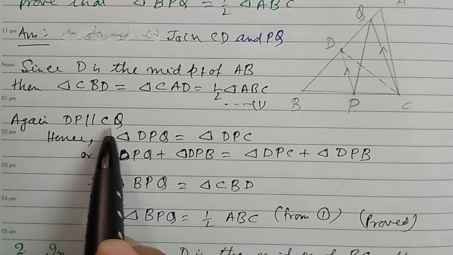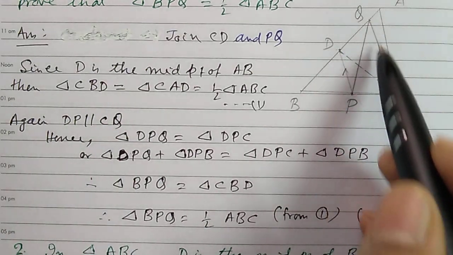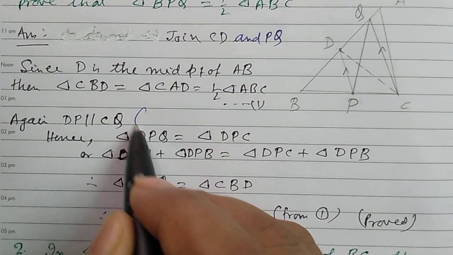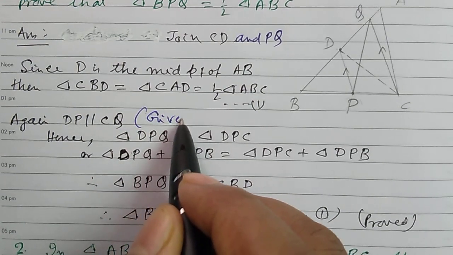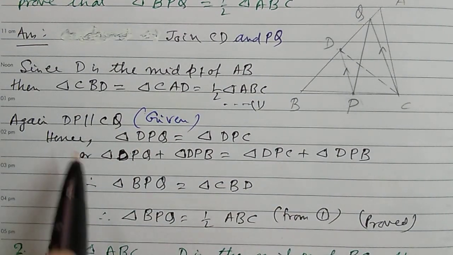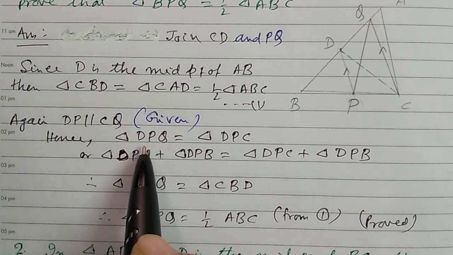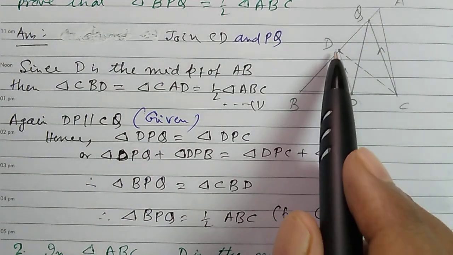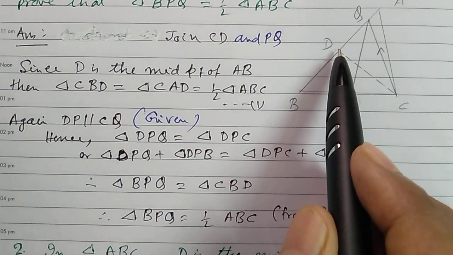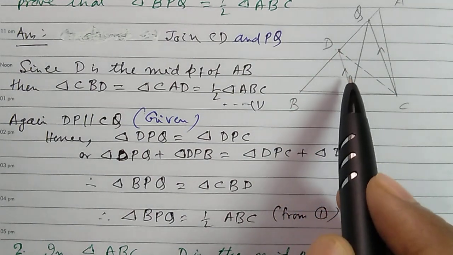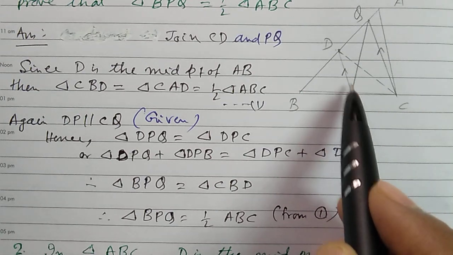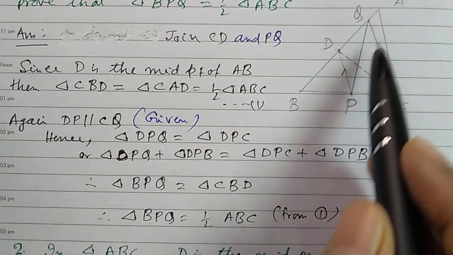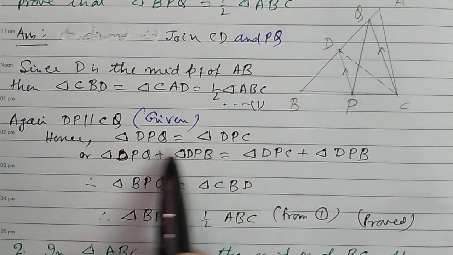Again, DP is parallel to CQ. It is given. Hence, area of DPQ equals DPC. We know triangles having the same base and lying between the same parallels have the same area.